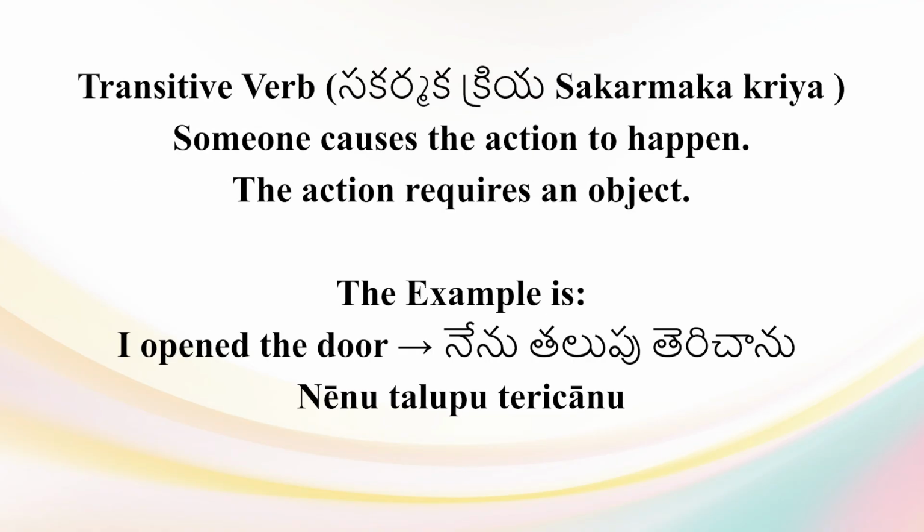Transitive verb, which means sakarmaka kriya, someone causes the action to happen. The action requires an object. See the example. I opened the door, which means nenu talupu terichanu. This causing meaning is the key to understanding Telugu causative verbs.